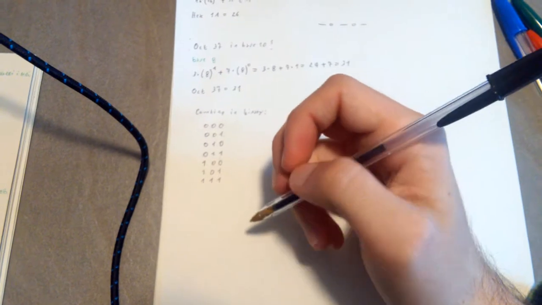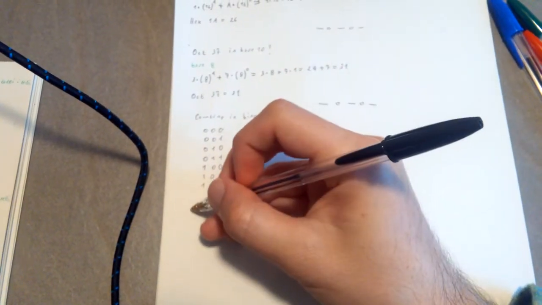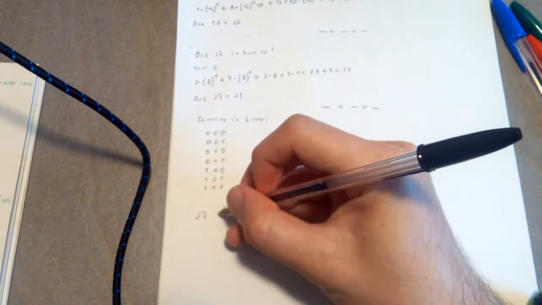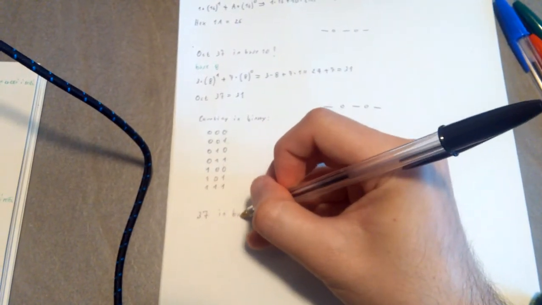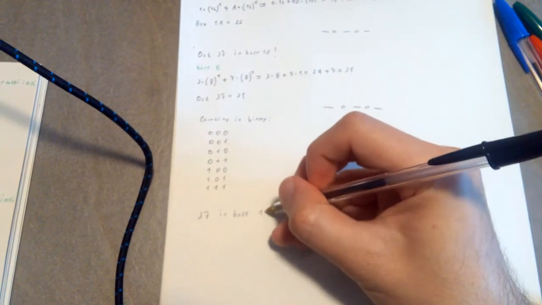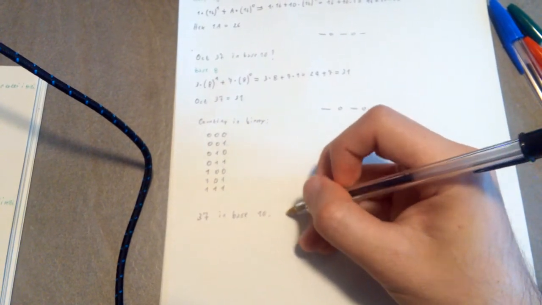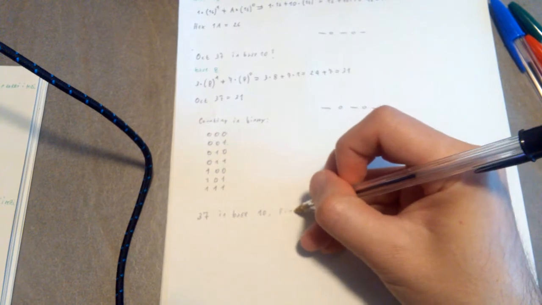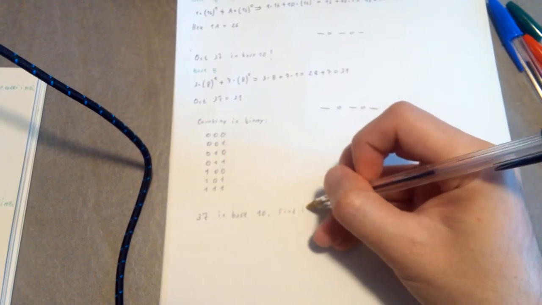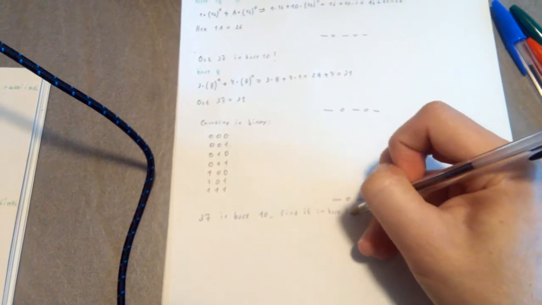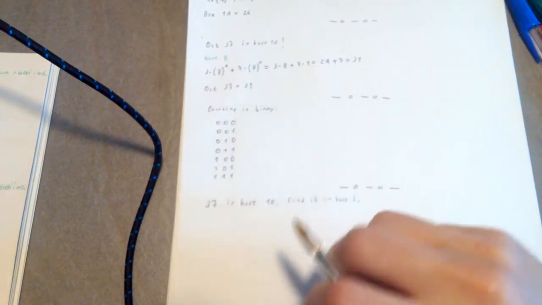If you want to go from decimal to binary, let's suppose that we have 37 in base 10, and we want to find it in base 2. So we want to know the equivalent in base 2.